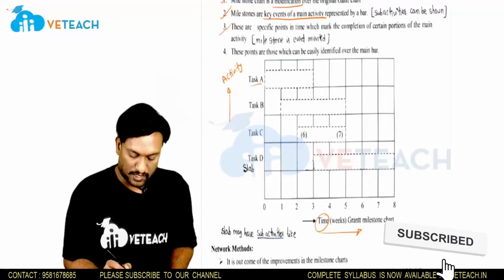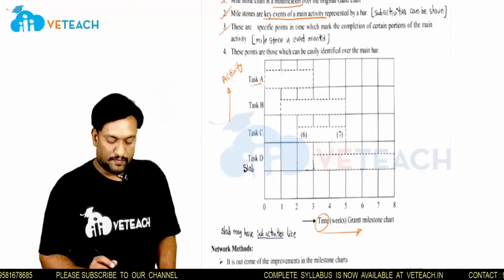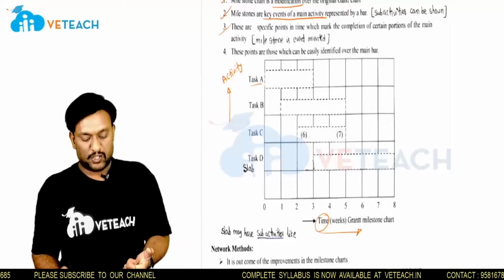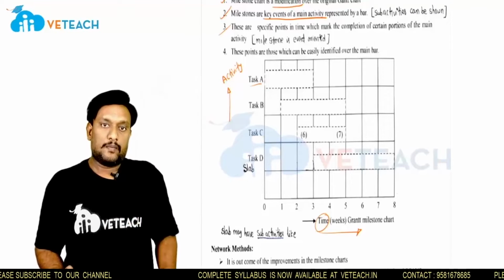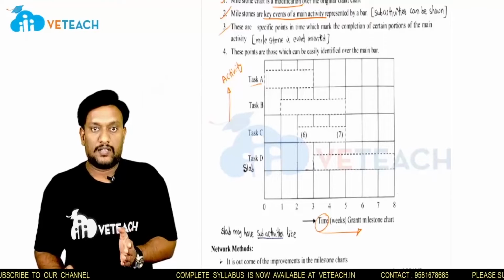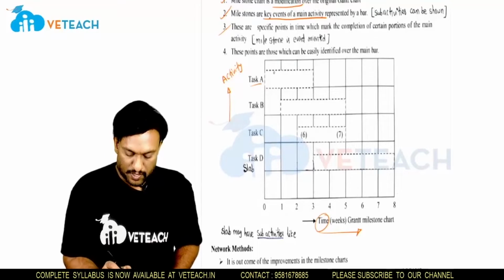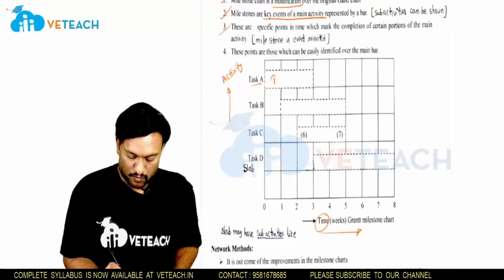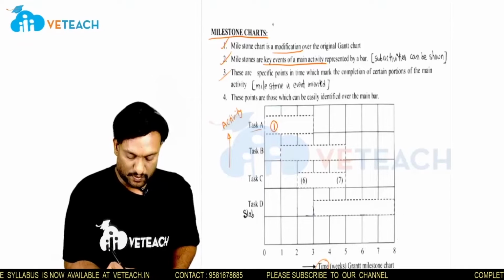Here we have taken task A, task B, task C, task D. In the previous case we assumed earthwork excavation. Earthwork is one whole activity, but it can be divided into some sub-activities. These can be represented with squares or any shape.